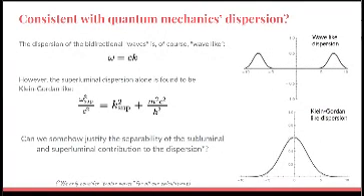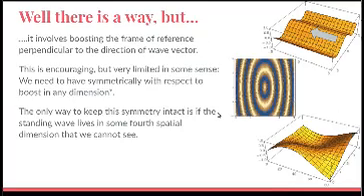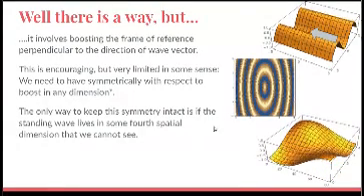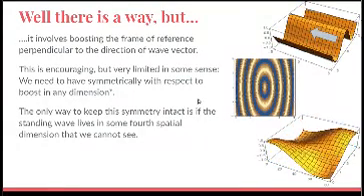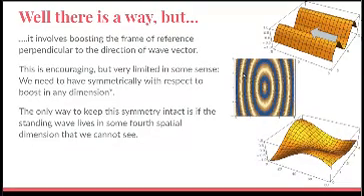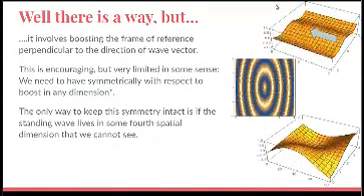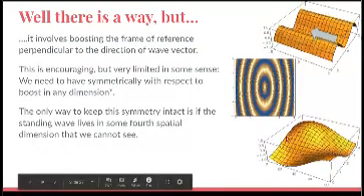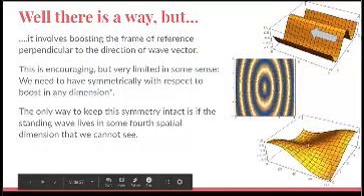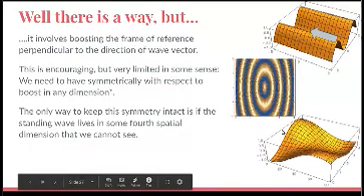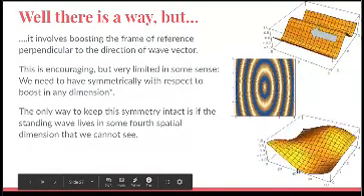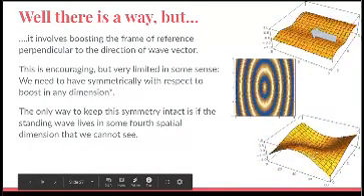It turns out that there is a way to separate the subluminal and superluminal dispersion, but it involves boosting perpendicular to the direction of the wave vector. Here the standing wave is in this direction and we are boosting perpendicular to it. Then we see superluminal wavelength in this direction while the subluminal wave remains in the direction of the wave.